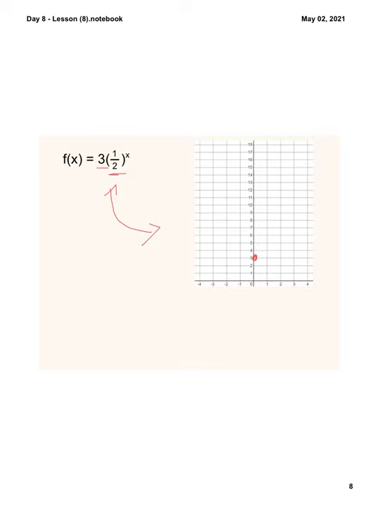I can go ahead and get a table of values for this, so x and y, and that will help me plot this graph. So if I do -1, I'm going to get 3 times 1/2 to the power of -1, and that's going to give me 6.